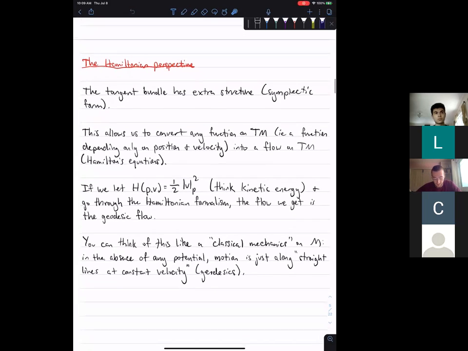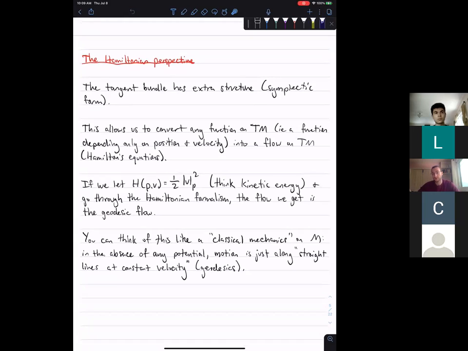A very natural Hamiltonian function is if you take a point and a tangent vector at that point, you measure what is the size of that vector with respect to the dot product at that point. What is the norm squared? Or maybe what is 1/2 the norm squared? So you should think of this as like 1/2 mv squared. It's like kinetic energy in physics.